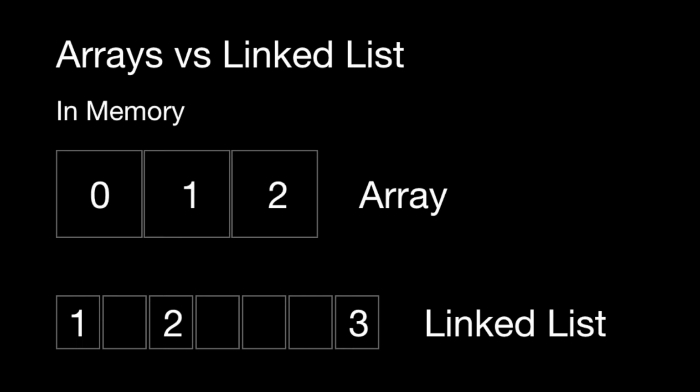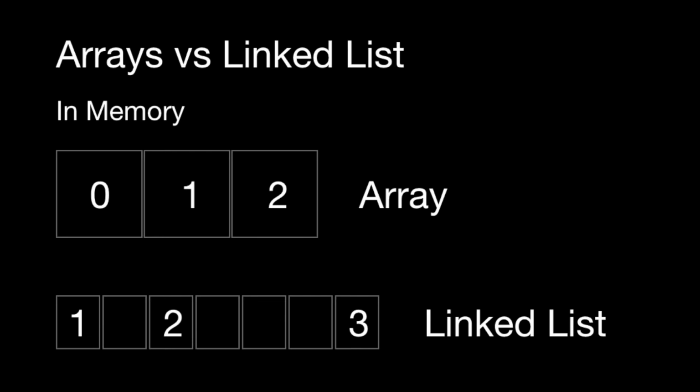And why do we need a linked list when we have an array, or what is the difference between a linked list and an array? Let's say I need to store 3 items and I have the option of using an array or a linked list. In an array I need to allocate a block of memory and then put the items in that array, and each of these is stored at indices 0, 1, 2.